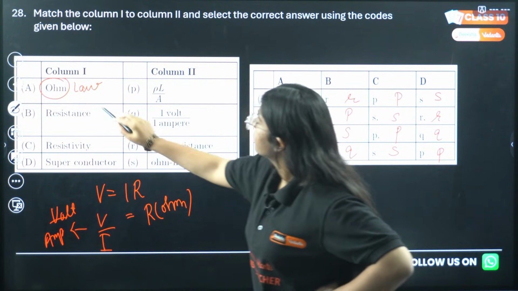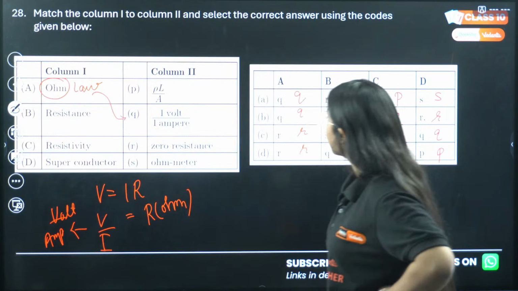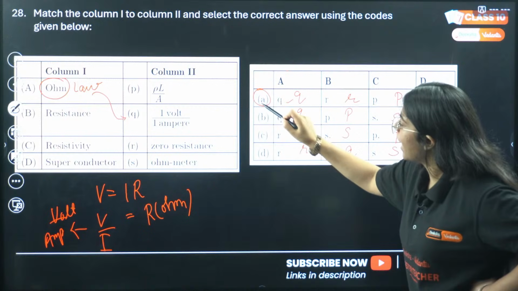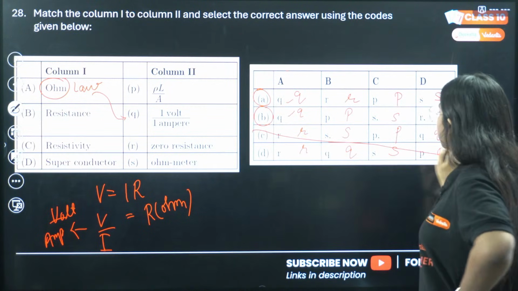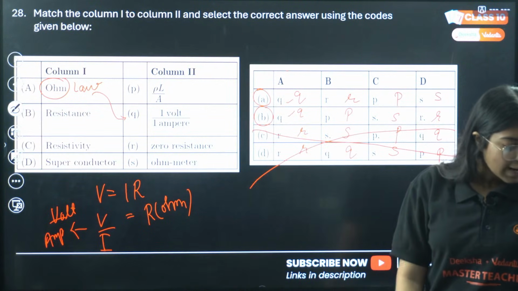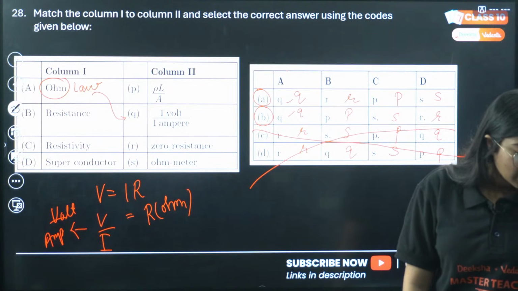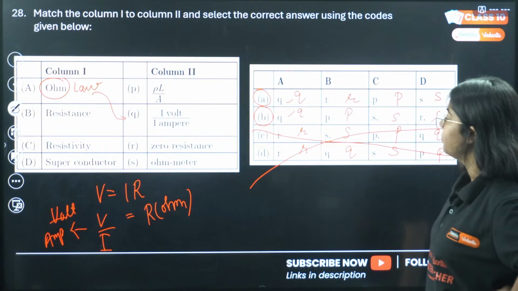So A is Q. So these two can be correct. These two are clearly wrong. Correct? Everyone is saying, Tanishk is saying A, Verma ji is saying B, Ascent is saying B.